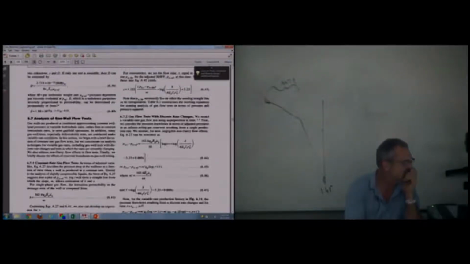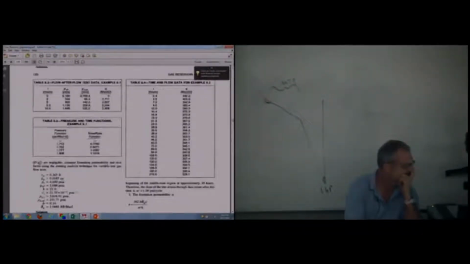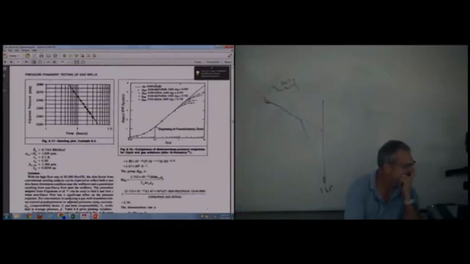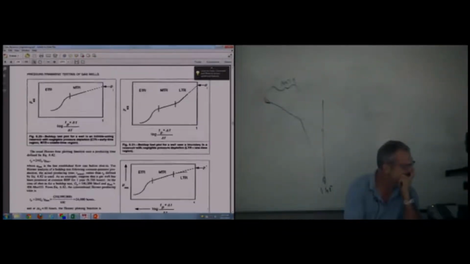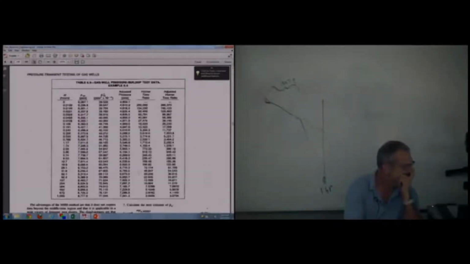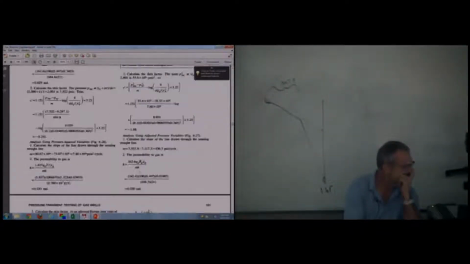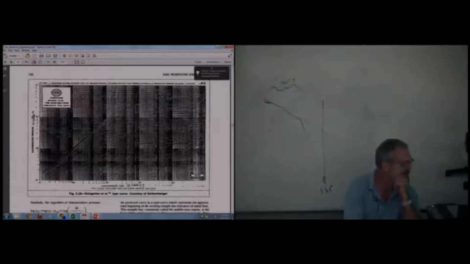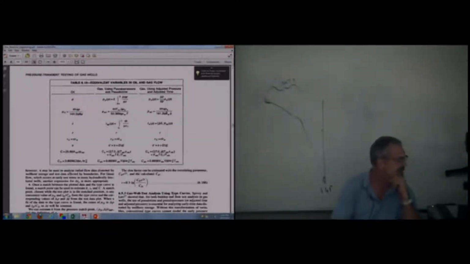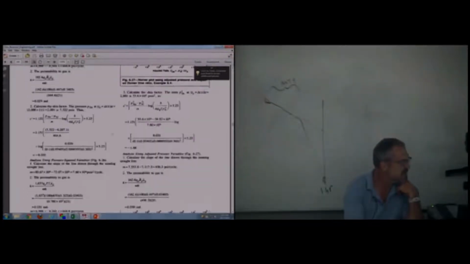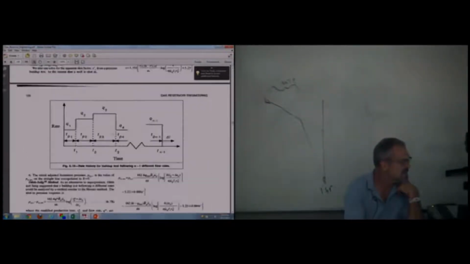Let's go to 6.1 for buildups. We still haven't hit 6.1. Here we go. Not 6.10.